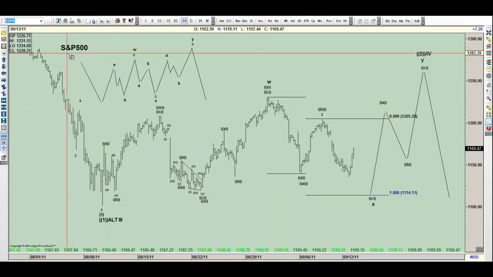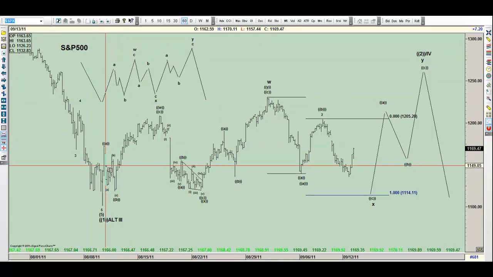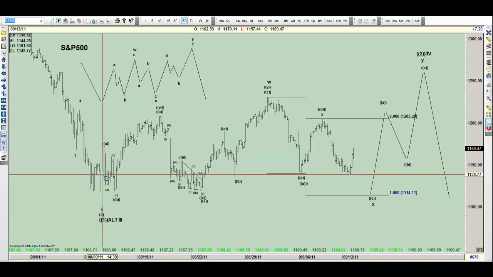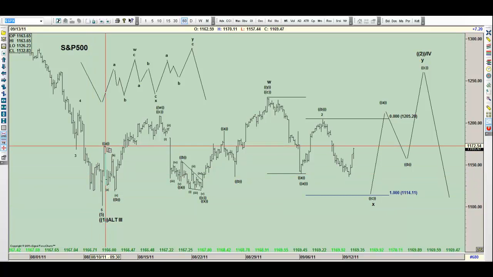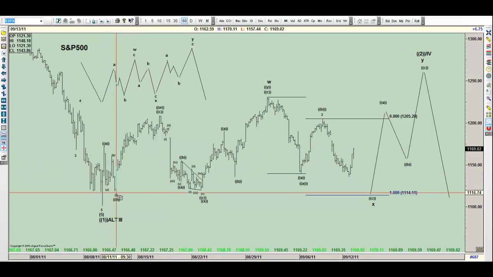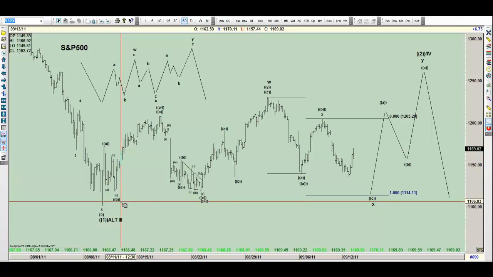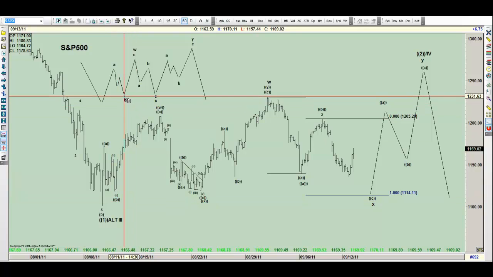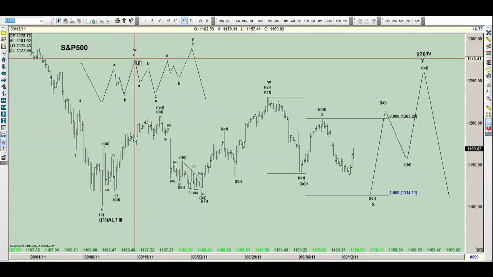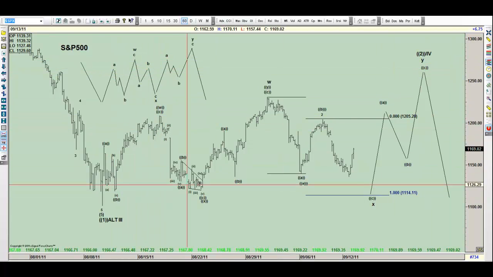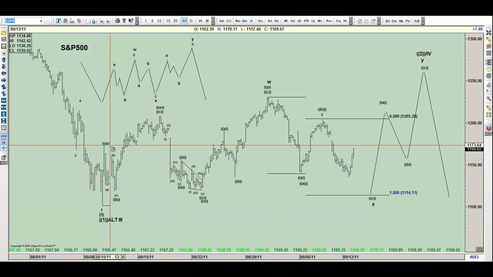We're taking the S&P 500 from the lows that we have on August the 9th. We see five waves into A, and then we have A, B, C, which becomes B. So we are right here. From there, we have another five waves into C. How are they related?